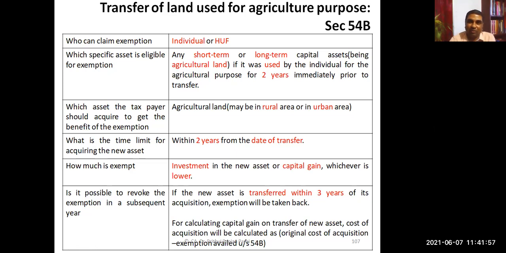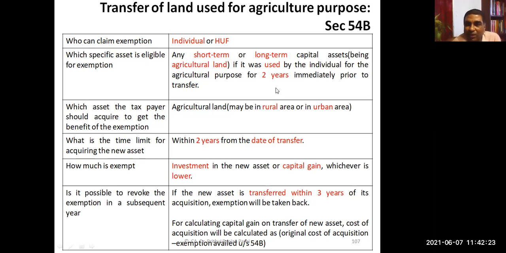Let me summarize what we have done in section 54B. As you have seen, this exemption is also allowed to an individual and HUF. And the asset which is transferred may be short term or long term, but it should be urban agricultural land, which has been used by the individual for agricultural purpose 2 years immediately prior to transfer.